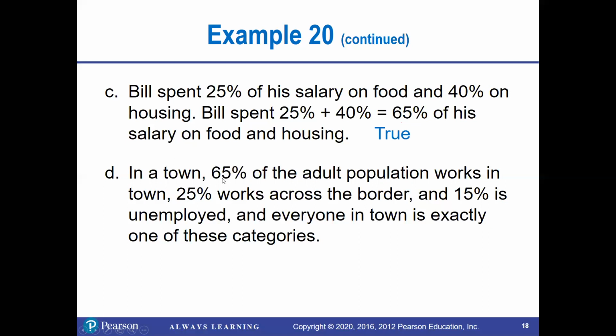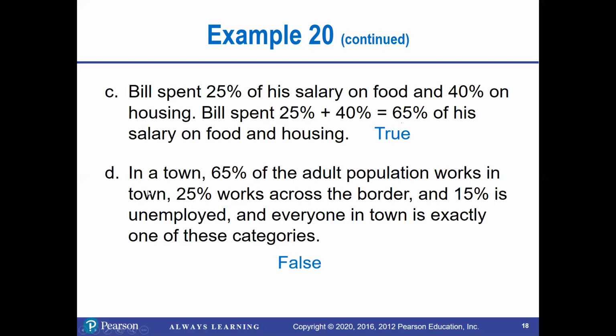In a town, 65% of the adult population works in town, 25% works on the border, 15% are unemployed. And everyone in town is exactly one of these categories. True or false? That is false.